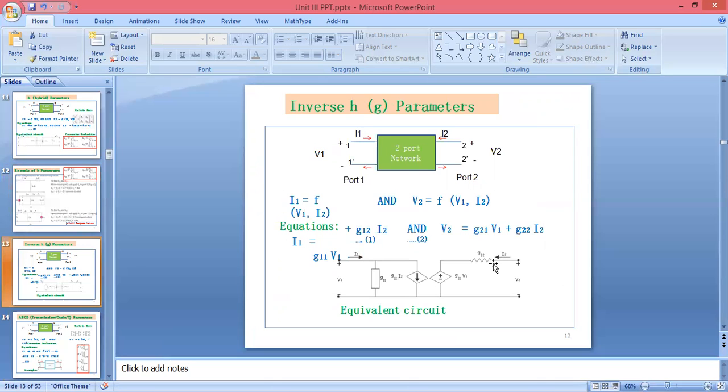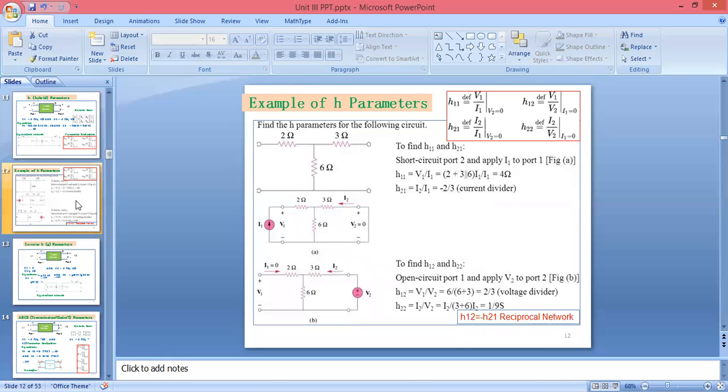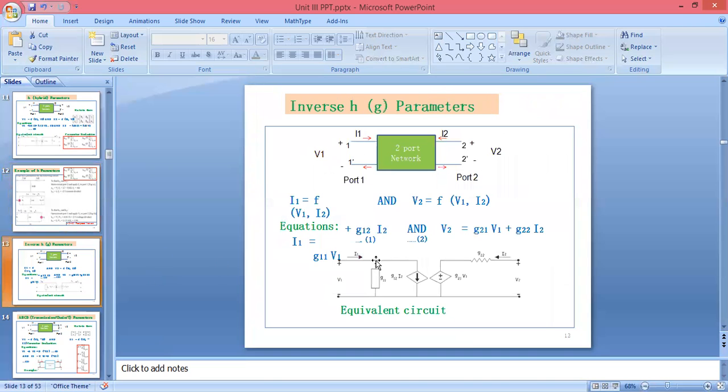And whenever you calculate G22 and G21 you will make port 1 short circuit. Exactly opposite with the H parameter. There we were making port 1 open circuit, so here we will make port 1 short, because here port 1 will behave as a Norton and port 2 is behaving as a Thevenin.